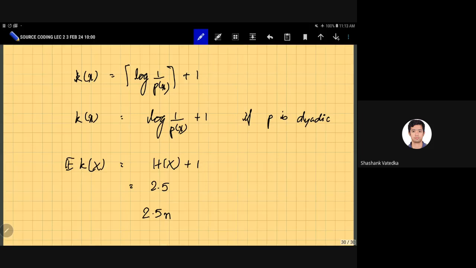Because, okay, symbol-wise Shannon encoding achieves expected length less than or equal to 3.5 n bits for non-dyadic. Yep. So what does the Shannon encoding do?